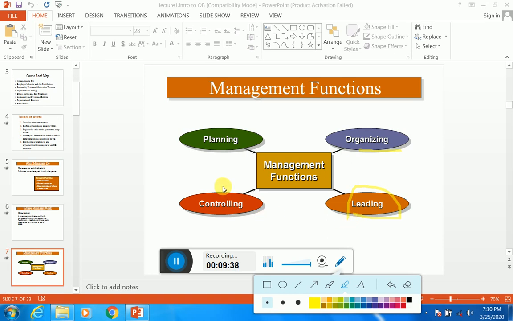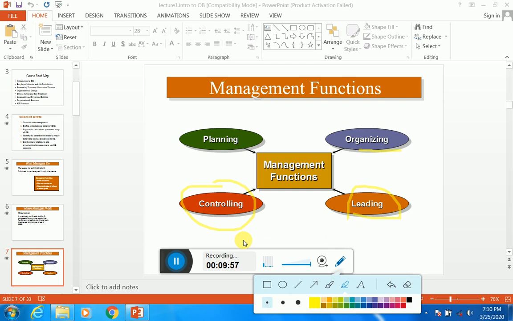Next, the last but not the least managerial function, is controlling. Controlling is monitoring activities to ensure that they are being accomplished as planned and correcting any significant deviation.